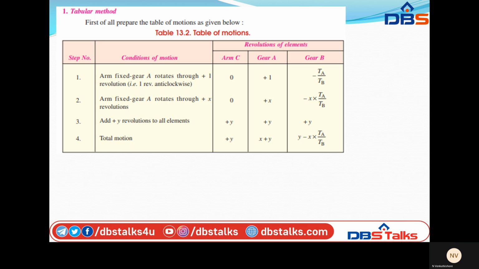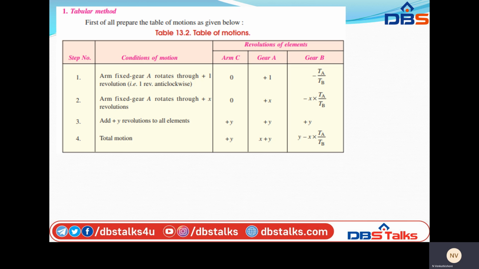Now, this is the tabular method what we are having here. So what is the tabular method? The arm is fixed.